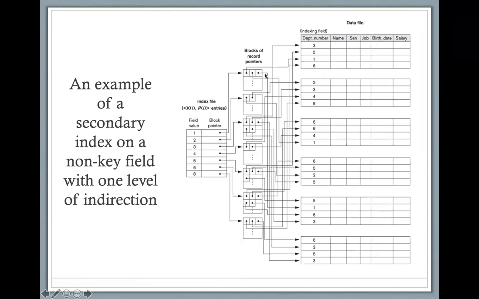So it has this one, and then this one, and a pointer to this one, and so on. For the value 2, I have a pointer that points to a block which contains pointers to the different blocks or records that contain this value 2, and so on. So I have a level of indirection that I'm using to handle the duplicate values.